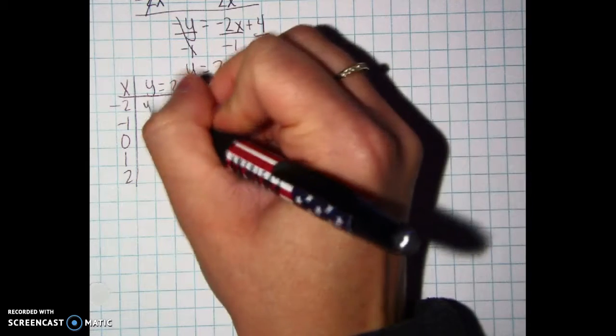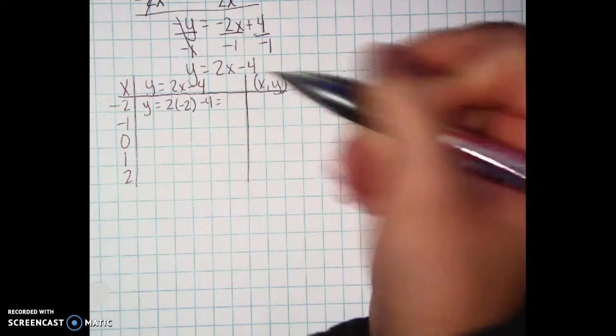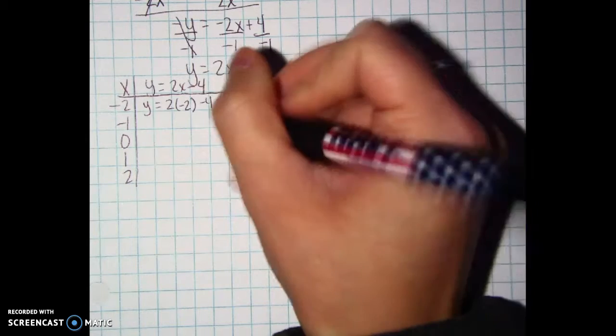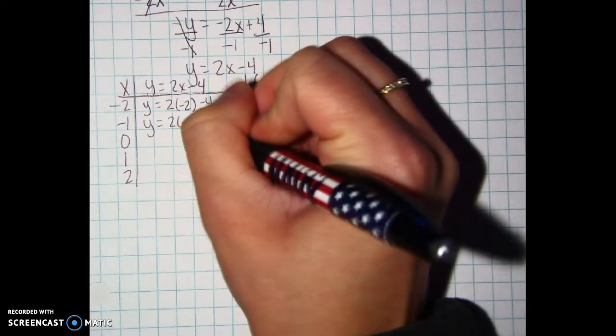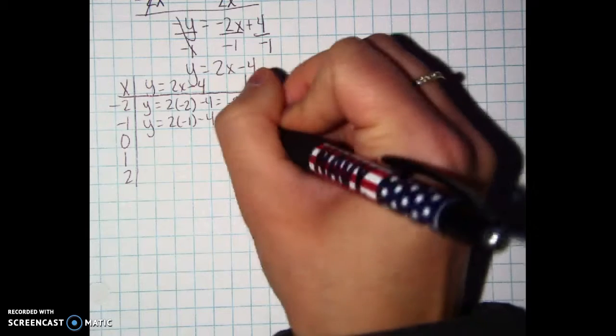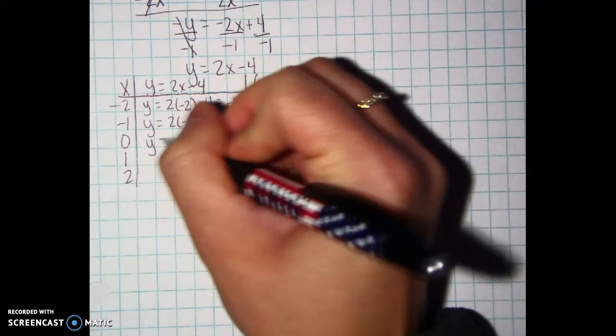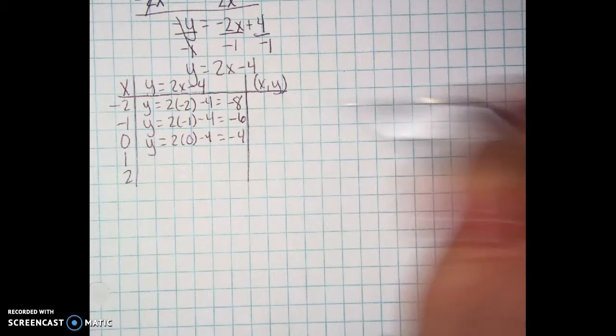Okay, so here is y equals 2 times negative 2 minus 4. That gets me negative 8. This is 2 times negative 1 minus 4. That gets me negative 6. This gets me negative 4.